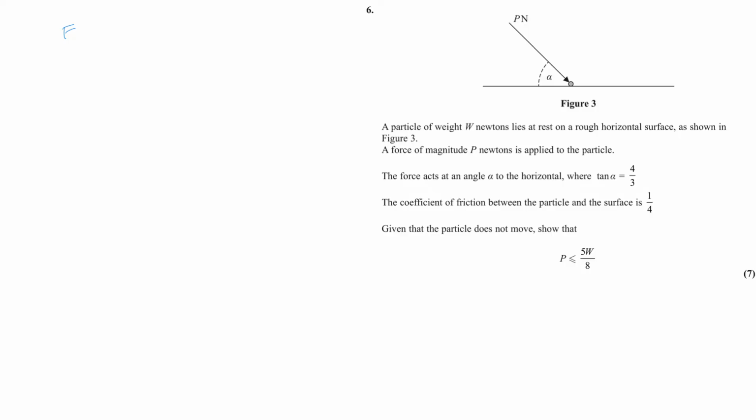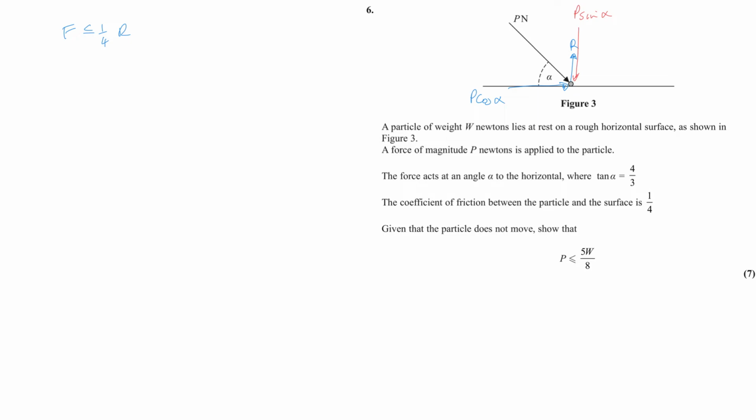Okay, so friction is less than or equal to a quarter R, where R is the normal reaction there. And then P, we've got, this is P cos alpha, and this would be P sine alpha, where alpha is around 53 degrees.